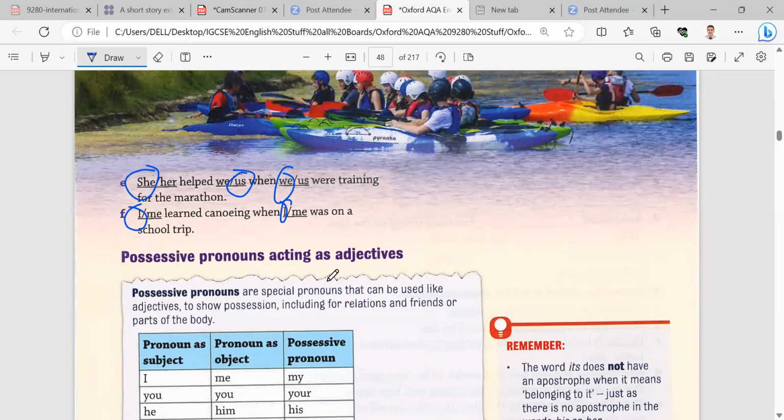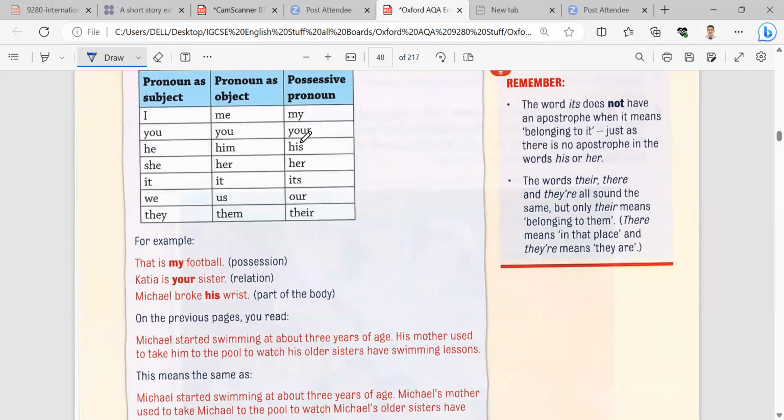What about possessive pronouns acting as adjectives? As I told you, they must be followed by nouns, like my car, your house, his father, her mom, its baby, our car, their family, for example.